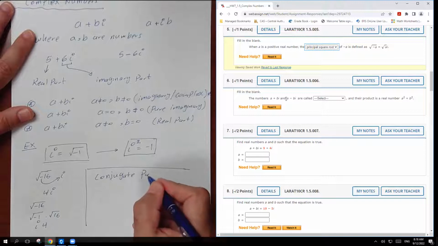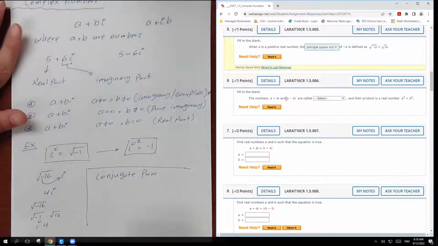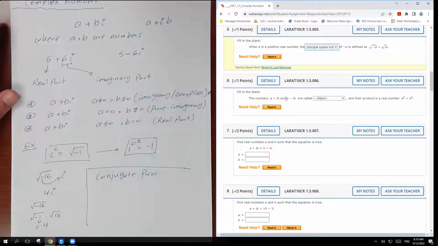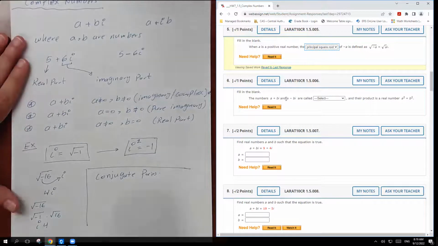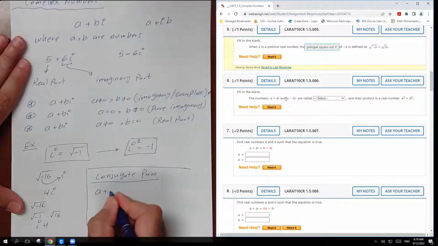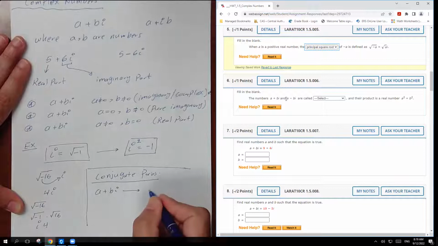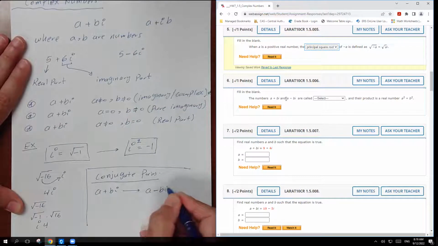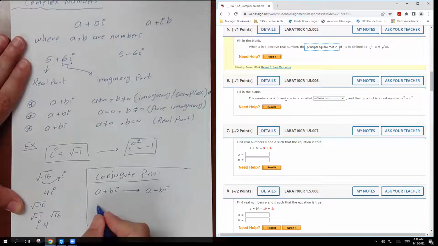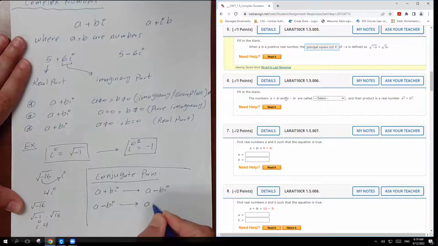How is it going to be? The conjugate of a plus bi is going to be a minus bi. The same thing, if you have a minus bi, the conjugate of this number is going to be a plus bi. This is really important.